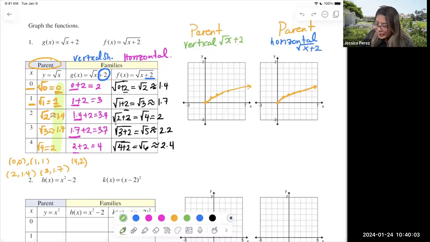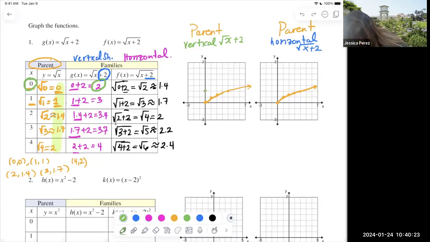Excuse me, it's going to be 0, 2. And this should be the square root.